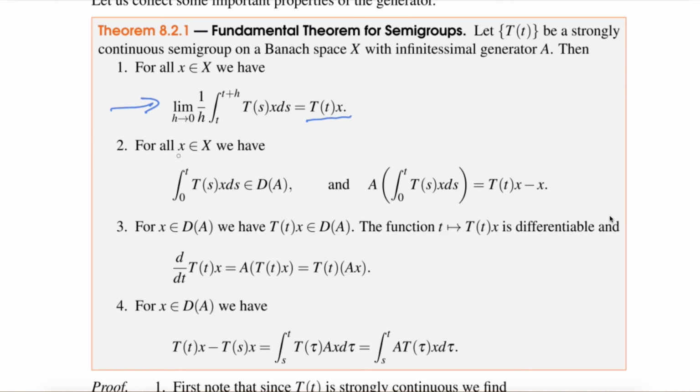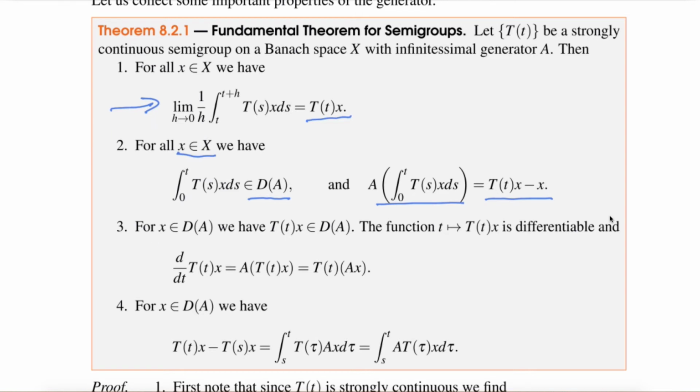Moreover, if we have x in the Banach space, then the integral with T(s) lifts it into the domain. Okay, so the integral from 0 to t of T(s)x ds will be in the domain, which means we can apply A, and the limit exists. So let's apply A to this integral here, and then the result says we get T(t)x minus x. Of course, this is something we need to prove.